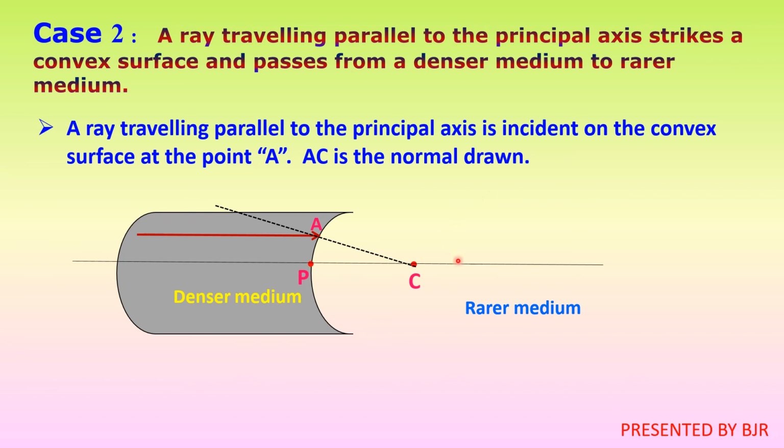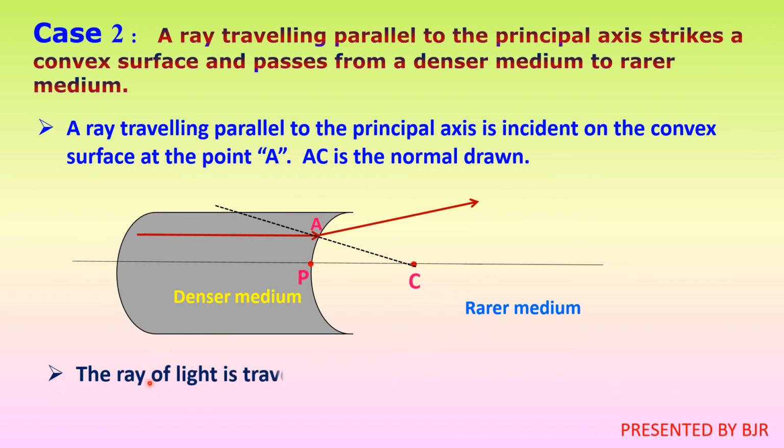Okay, so why? Because here rarer medium means here the refractive index is less. When refractive index is less, angle should be more in order to follow the Snell's law, that is n sine theta is always constant. Okay, so this ray is going like this. So when a ray of light travels from denser medium into rarer medium, it will bend away from the normal. So this is the behavior of the second ray.